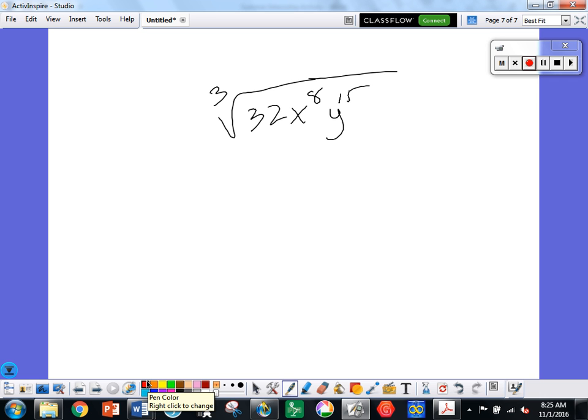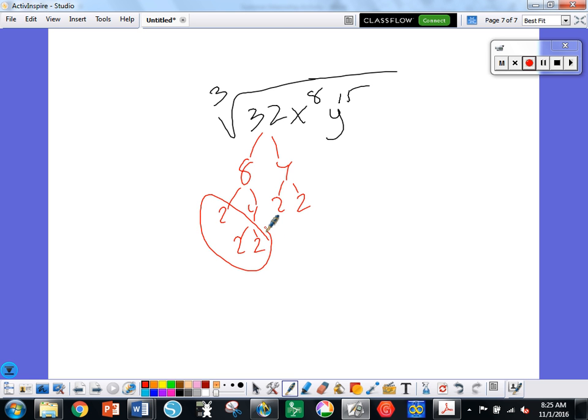We're looking for groups of 3, aren't we? 32 is 8 and 4, 2 and 2, 2 and 4, 2 and 2. There's a group of 3. He gets to come out, doesn't he? What about these two 2s? What do they have to do? Stay in, so that's 4 on the inside, isn't it?